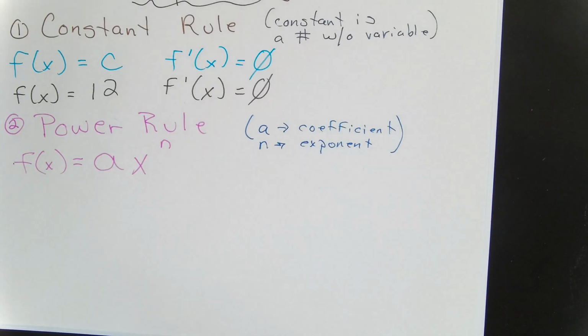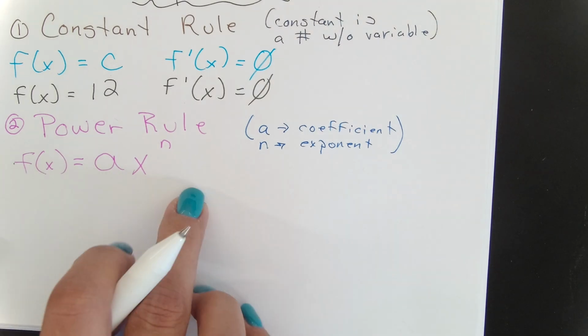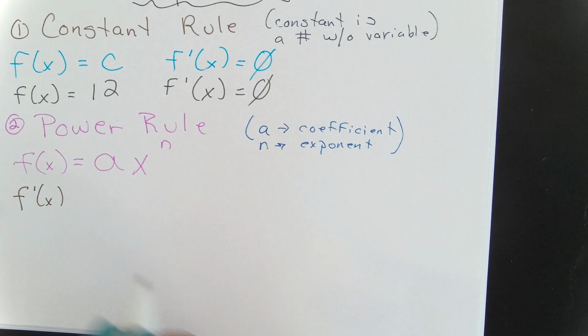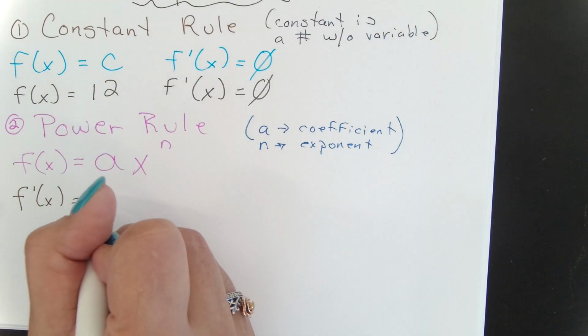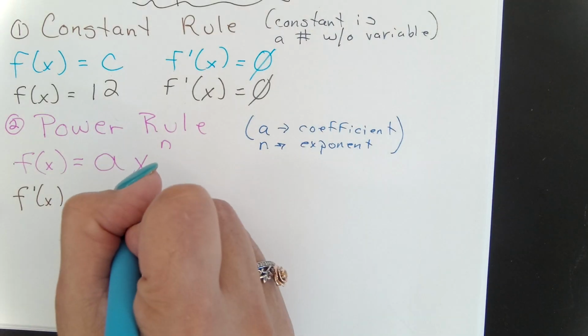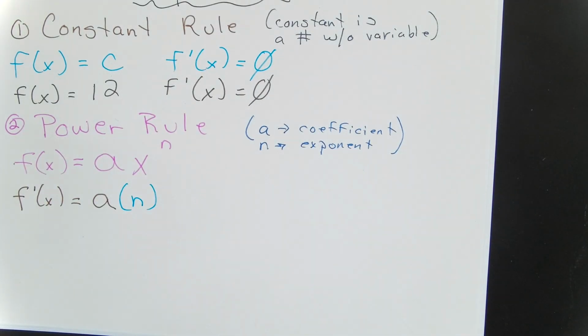Good? Okay. So the power rule says that if I want to find the derivative, I need to multiply the coefficient times the exponent. Coefficient is the number in front. Exponent is the exponent. And then you subtract 1 from the exponent.